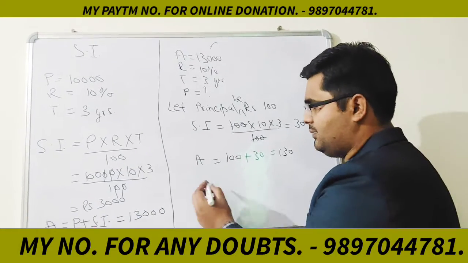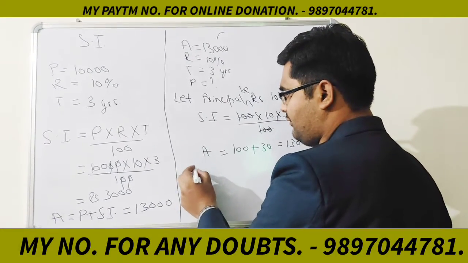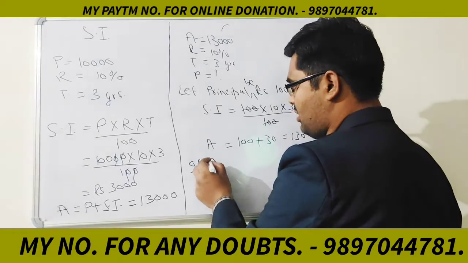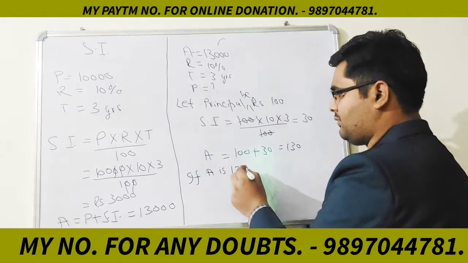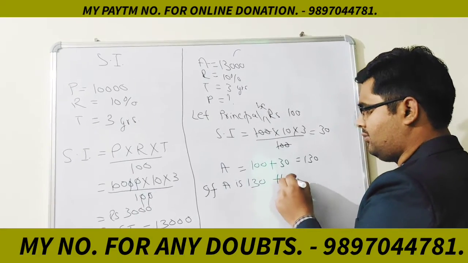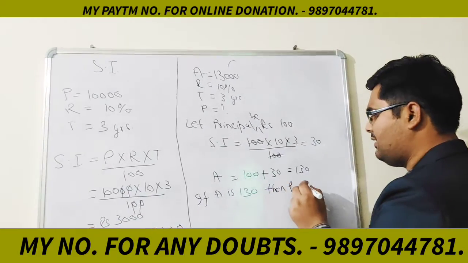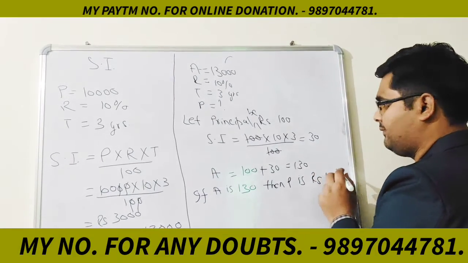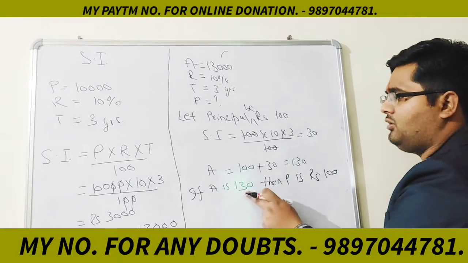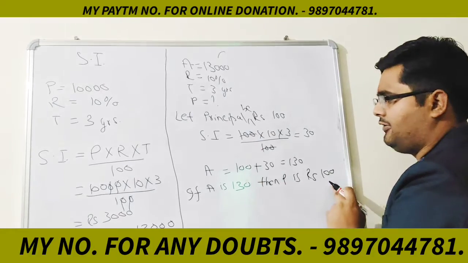How? We simply say if amount is 130, then principal is how much? Principal is rupees 100, because 130 is the amount when principal is 100.